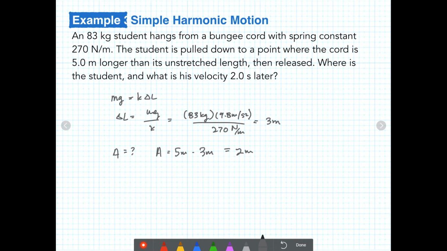And that means when we make our equation, y of t, our amplitude is going to be 2 meters, and then we have cosine, and now we need omega. Well, how are we going to find omega? We know omega is equal to the square root of k over m.